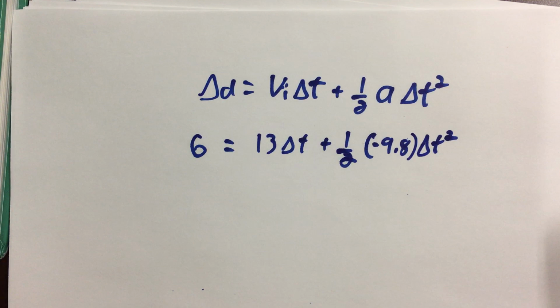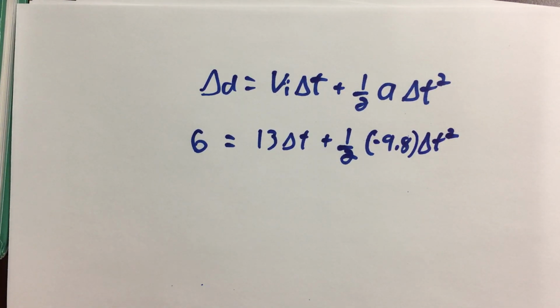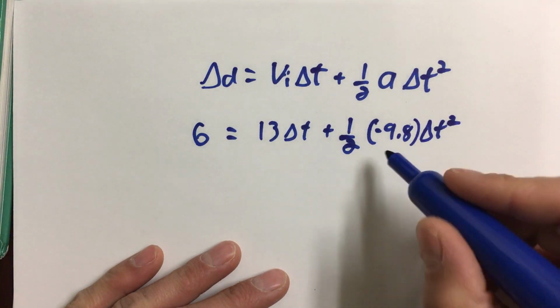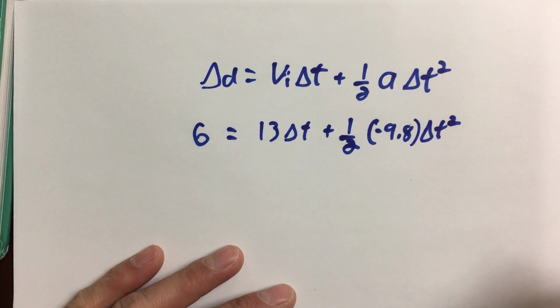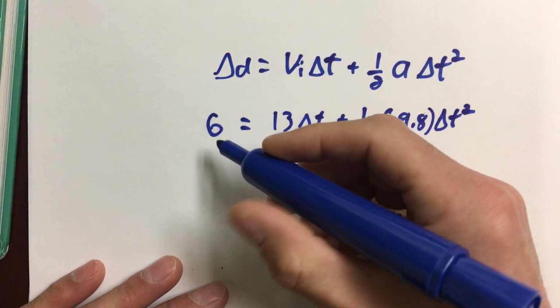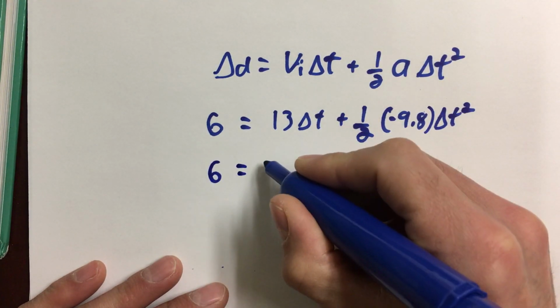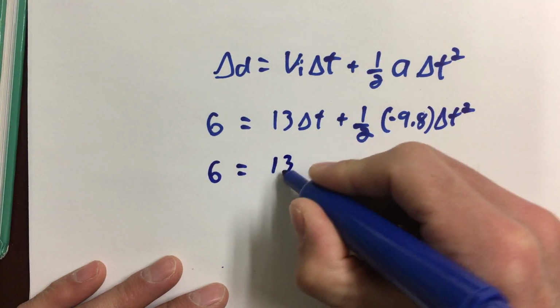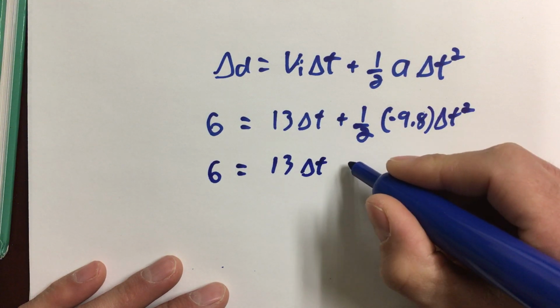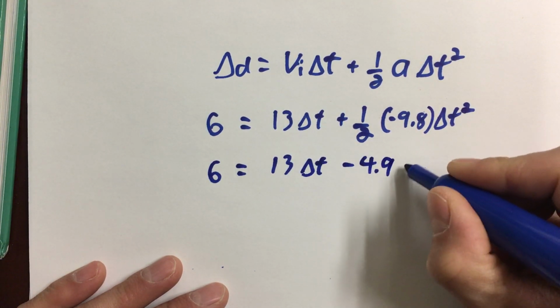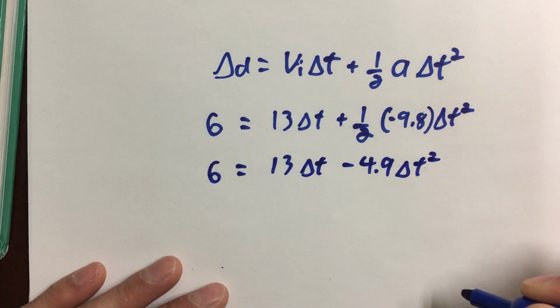Okay, so this looks like a little bit of a mess. We'll rearrange it to a familiar form. So half of 9.8 is 4.9. So I've got 6 is equal to 13 delta t minus 4.9 delta t squared.